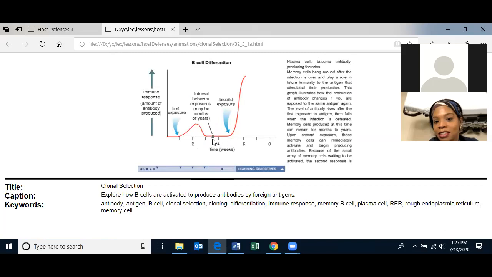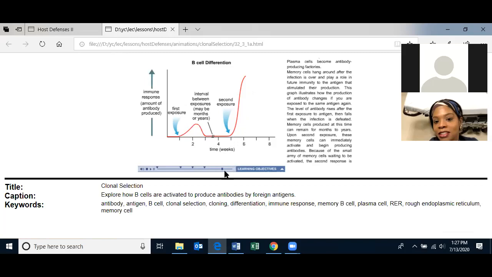There's these memory cells of the B cells, and they will respond to that pathogen and then go through a second clonal expansion and make antibodies. And this immune response will be quicker because the memory cells already exist, and they will respond to that antigen, divide, and then start producing antibodies.